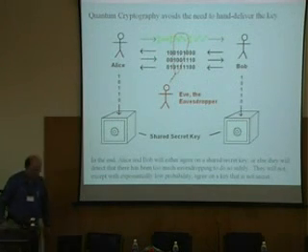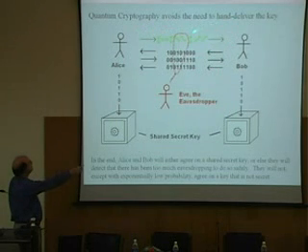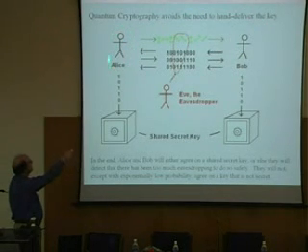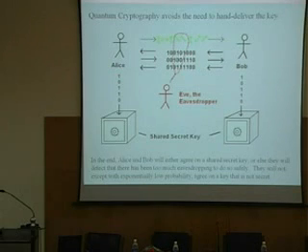Quantum cryptography uses imperfect distinguishability to avoid the need to hand deliver the key. It begins with the two good guys, Alice and Bob. These are the traditional names they use in cryptography. This was introduced just so that you can speak of them as him and her.